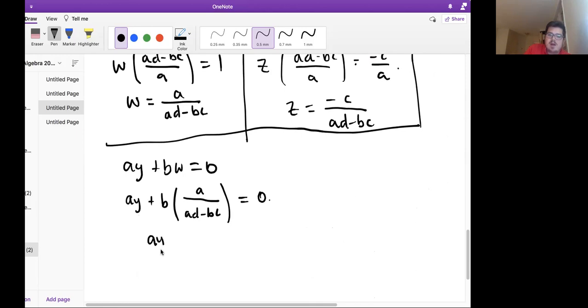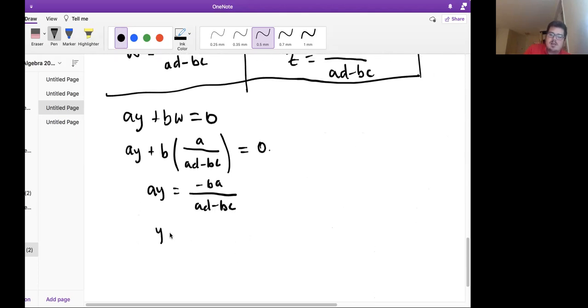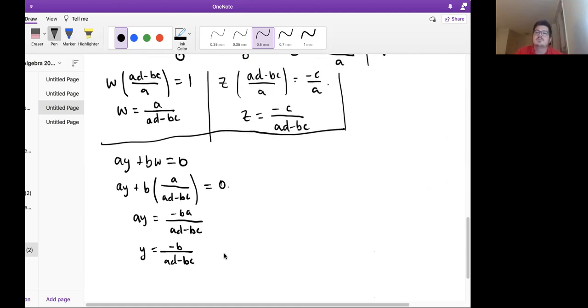So we have ay is equal to negative ba over ad minus bc. So this means that y is equal to negative b over ad minus bc. Is that okay, the algebra?